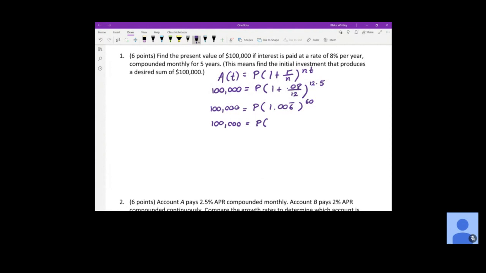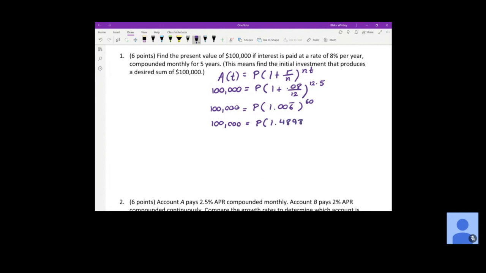And if we round it up to 4 decimal places, we should be fine. If you want to keep more decimals, that'll give you a more accurate answer. But as long as you show me your work here, I'll be fine with that. Okay, so 1.4898.